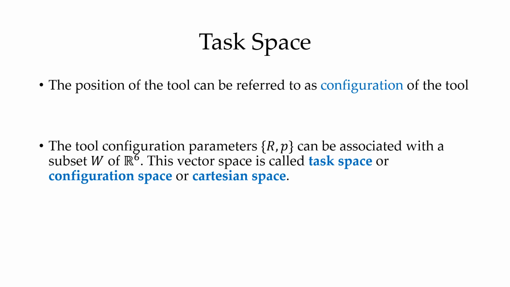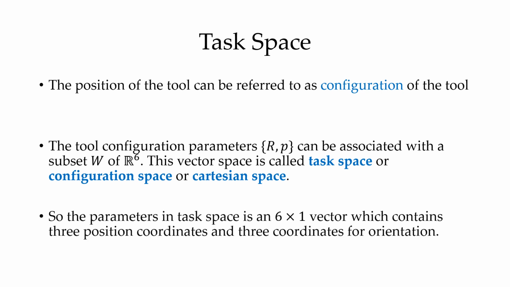But we all know that the orientation of the tool can be represented using 3 variables only, which are yaw, pitch, and roll angles. Those 3 variables for orientation and 3 variables for position give you a 6 by 1 vector, and that vector belongs to R6, which is called the task space or configuration space or Cartesian space. So these are task space and joint space.